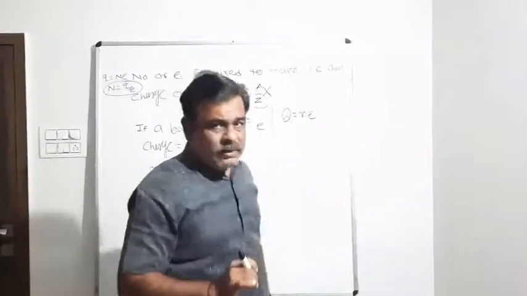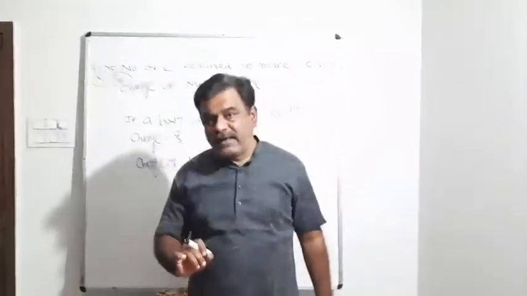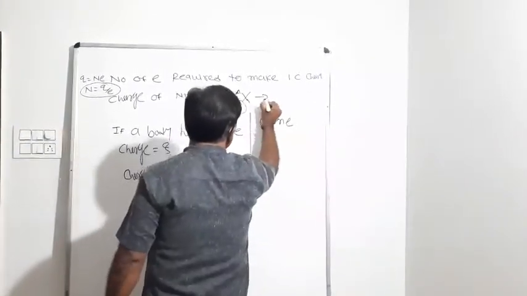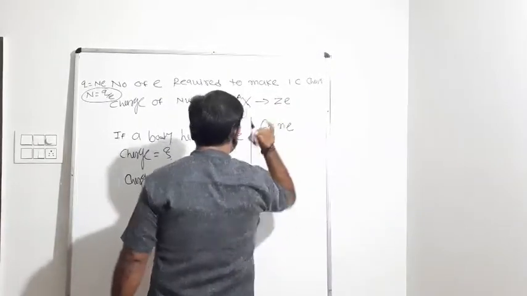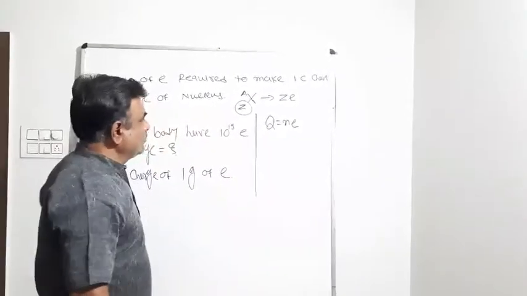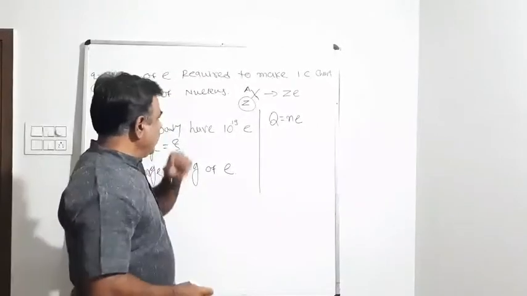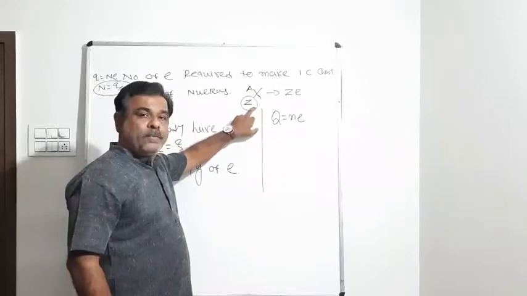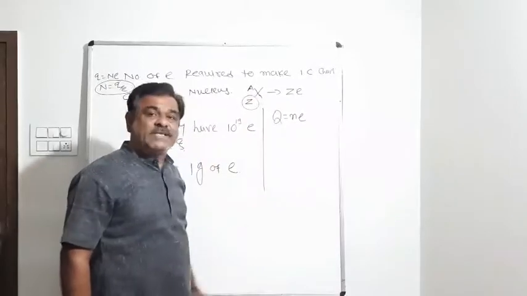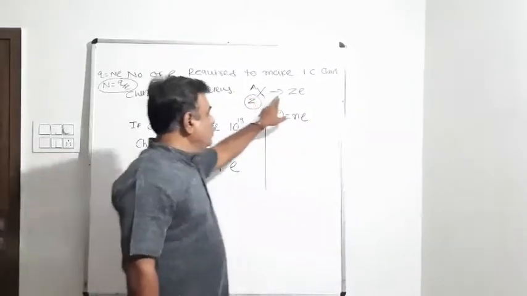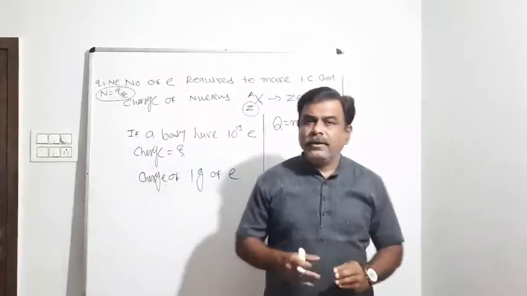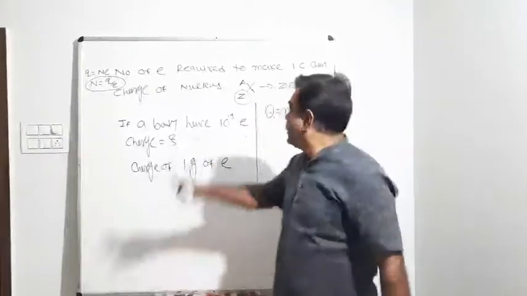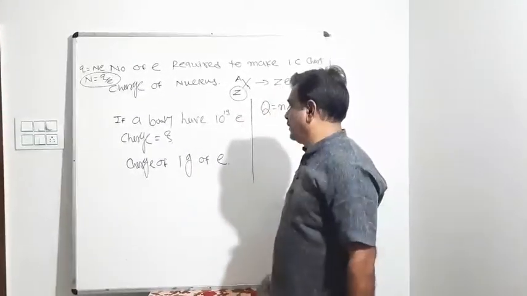That basic charge, if I denote it by E, then the charge on the nucleus will be Z into E. Again, XZA contains Z number of protons and each proton has charge E, so the charge of the nucleus is Z into E. Remember, an atom as a whole is electrically neutral, but the nucleus has charge Z into E.